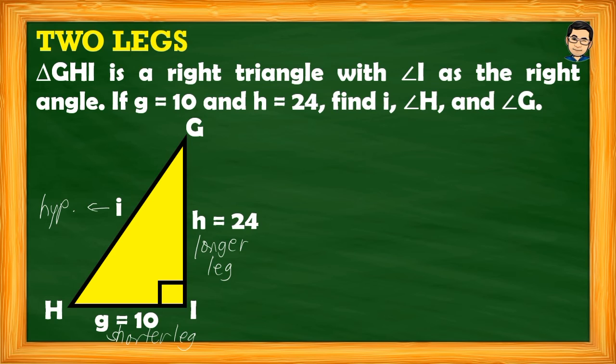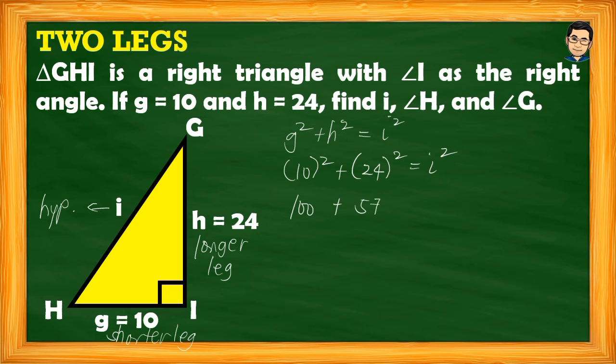So let's find I. So using Pythagorean theorem, so magiging G squared plus H squared is equal to I squared. So G measures 10, H 24, and then I square. So 10 square, that is 10 times 10, 100, plus 24 square, 576, equal to I squared.